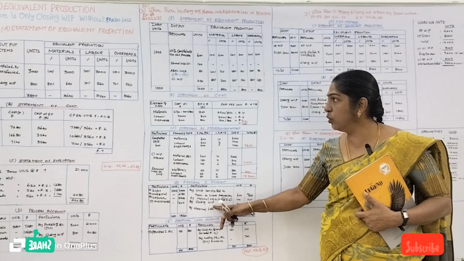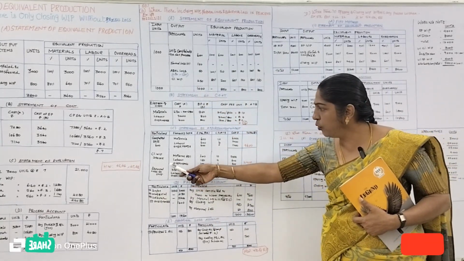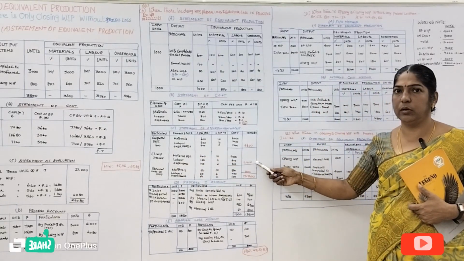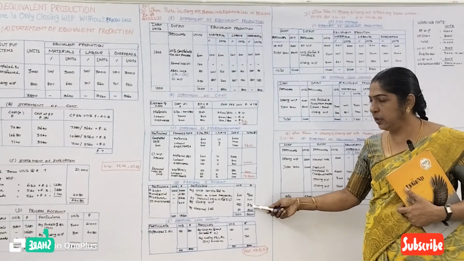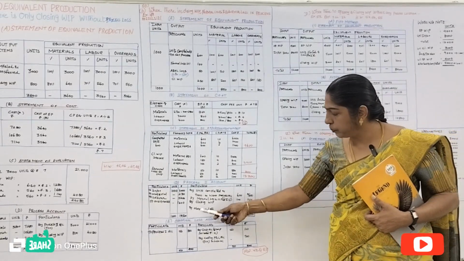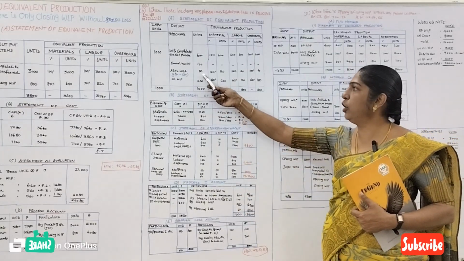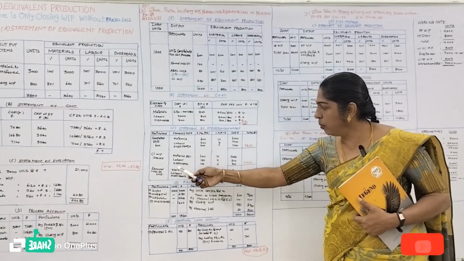Then come to the closing work in progress. How many units? 250 units. So what is the value for the closing work in progress? 250 units. The value for the total closing work in progress is 2,900 rupees entered here. Then come to abnormal loss. How much abnormal loss do we have? 50 units abnormal loss. Okay, how much did they spend for the abnormal loss?